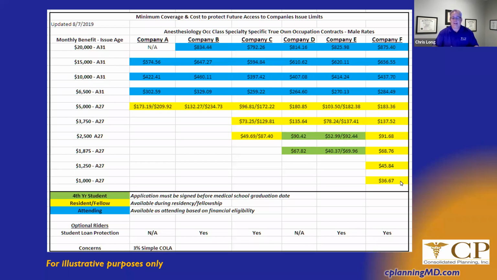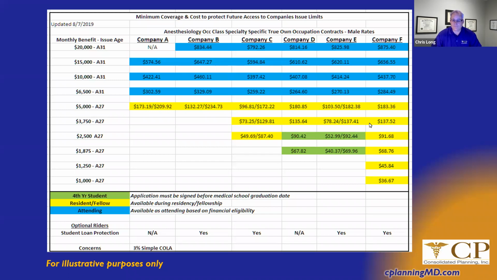One company, they don't care, as long as you get $1,000 of coverage, they'll put that rider on the contract. Some have limits for students. So if you were a medical student when you apply before graduation, then we could get 75% of the 2,500, which is 1,875, and put that in place and still prophylactically protect access to higher coverage in the future with no medical questions.